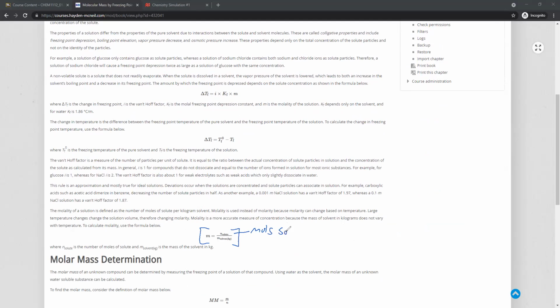So moles of solute, remember the solute is what you're dissolving, divided by the mass of solvent in kilograms, that's important. And so your solvent would be like water in this case. So that's one thing we're doing, looking at freezing point depression.